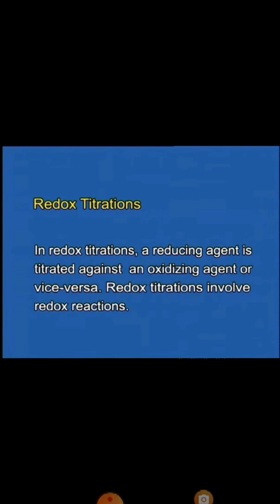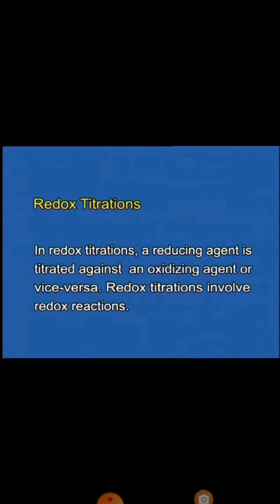Now we will learn redox titration. What is redox titration? In redox titration, two reactions occur: first oxidation and second reduction. In redox titrations, a reducing agent is titrated against an oxidizing agent or vice versa.